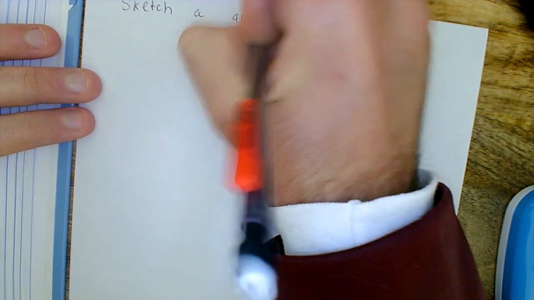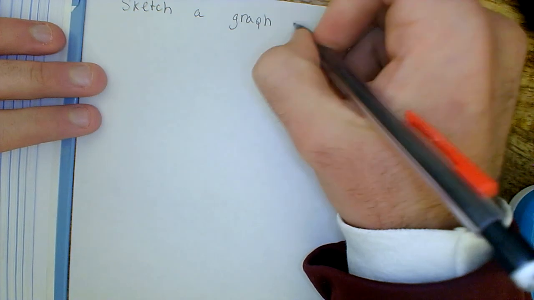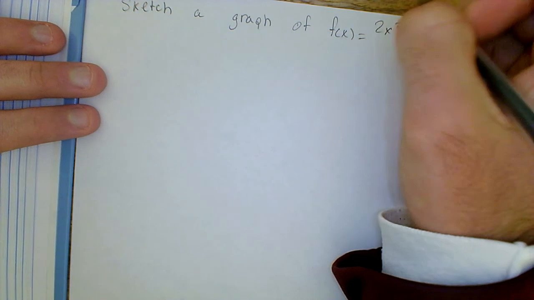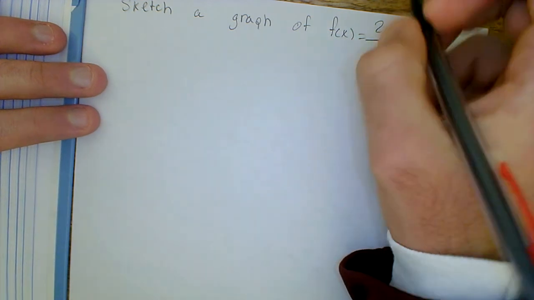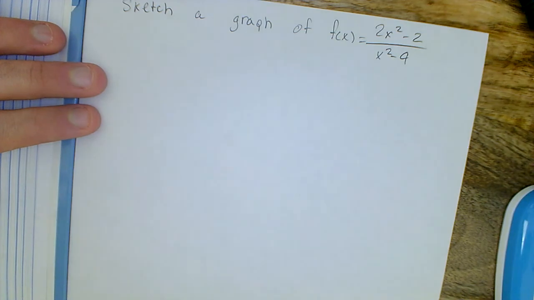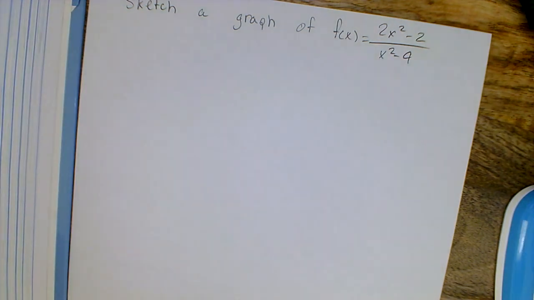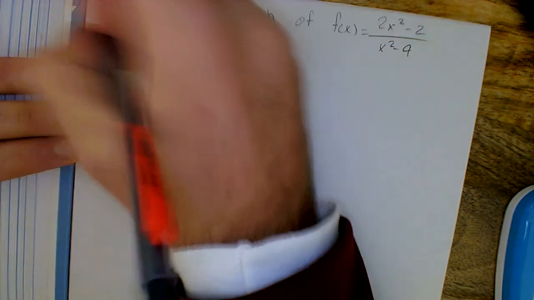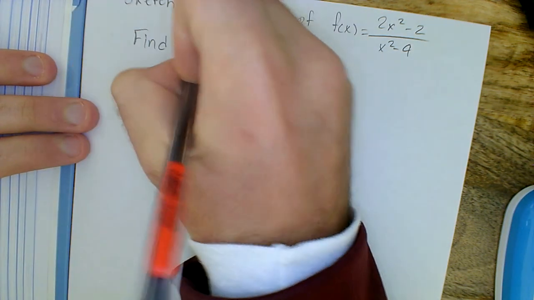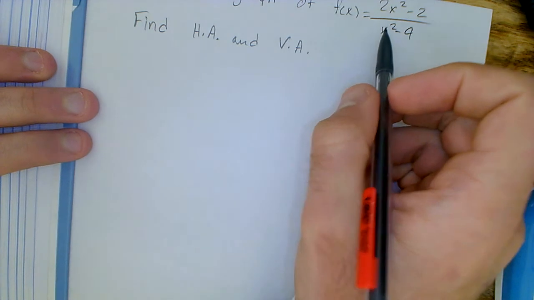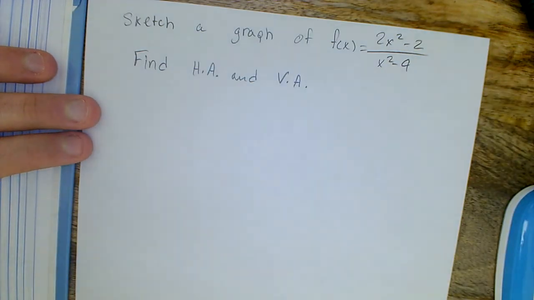So if I want to sketch a graph of f of x equals (2x squared minus 2) divided by (x squared minus 9), I need to first find the HA and VA. So first I'm going to check for the vertical asymptote.